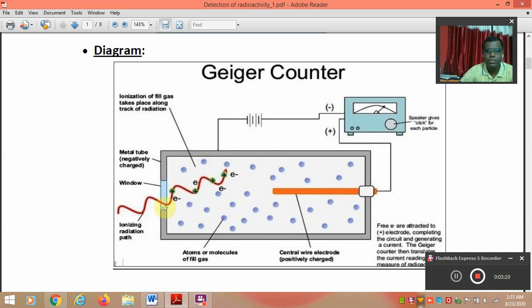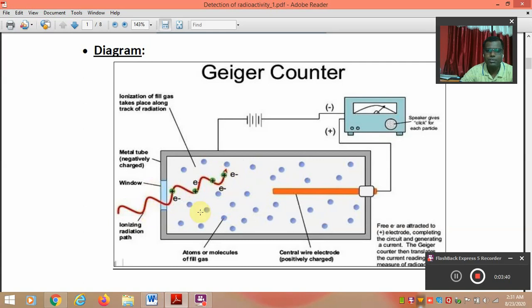Again, one end of this tube has a window called the mica window, which does not allow the argon atoms or molecules to escape out of the tube, but it allows the entry of ionization radiation into the tube.